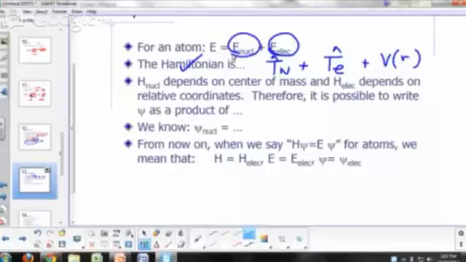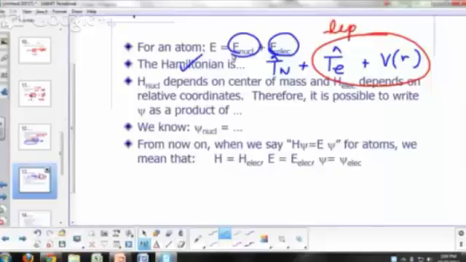Okay? So this part right here of your Hamiltonian depends only on the reduced mass coordinates. So this only depends on, I'm sorry, the reduced mass.